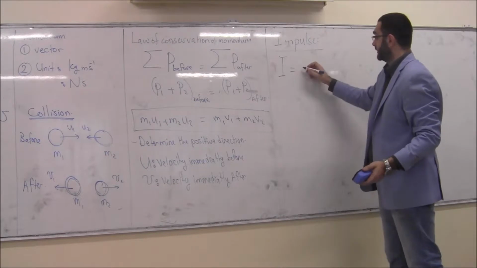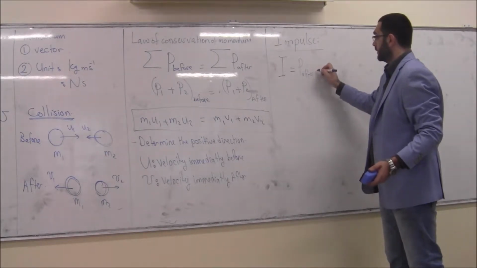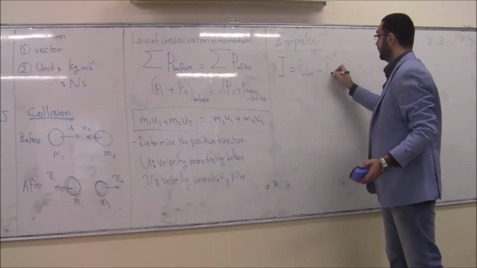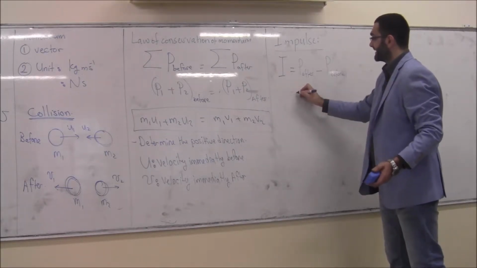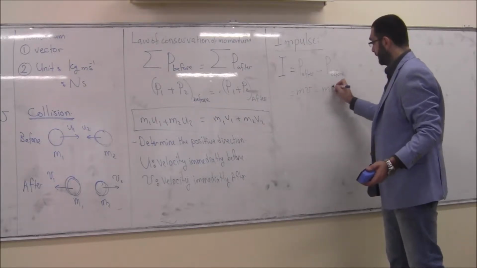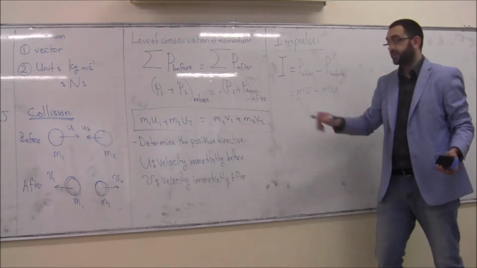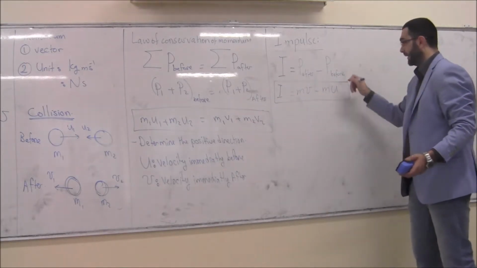The impulse is momentum after the collision minus momentum before the collision. In other words, mv minus mu. This is the impulse.